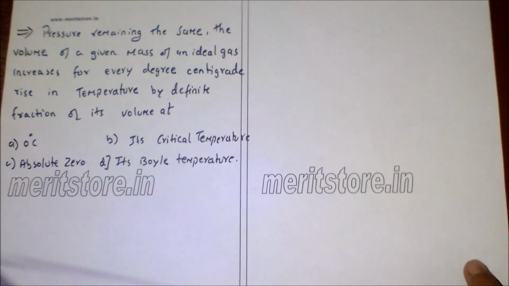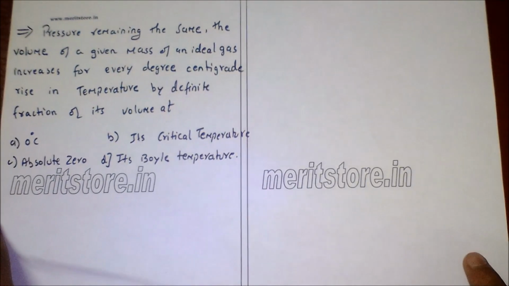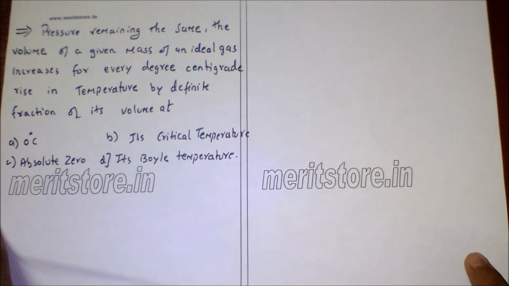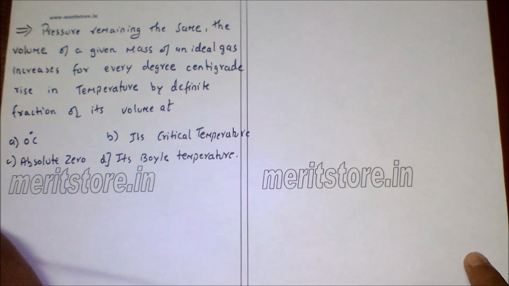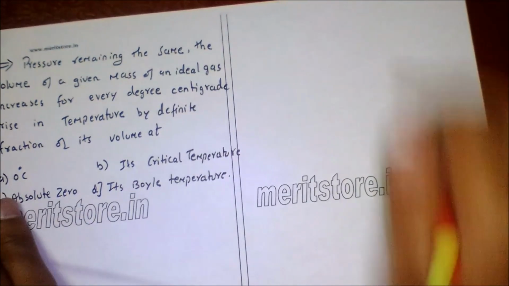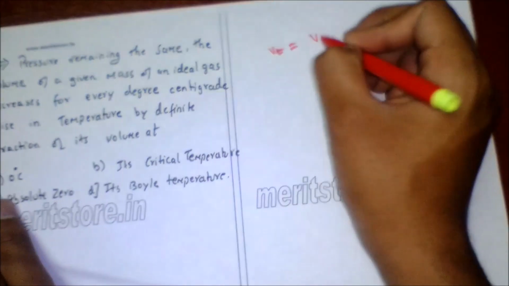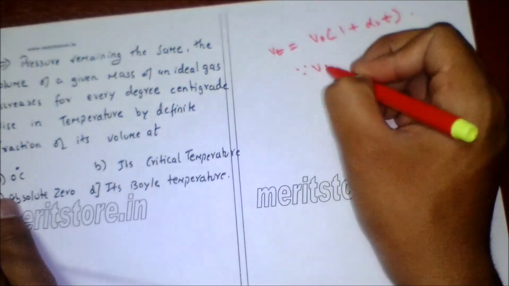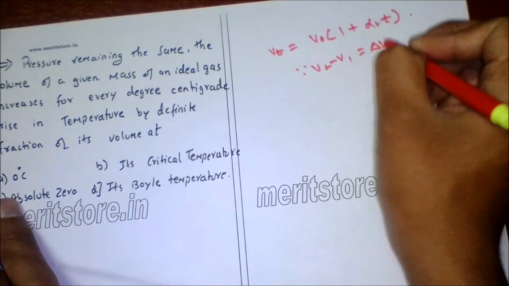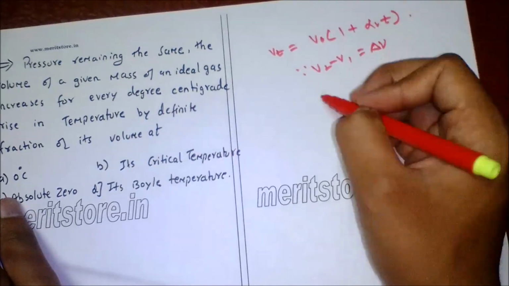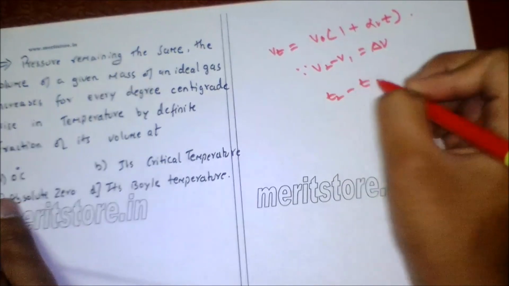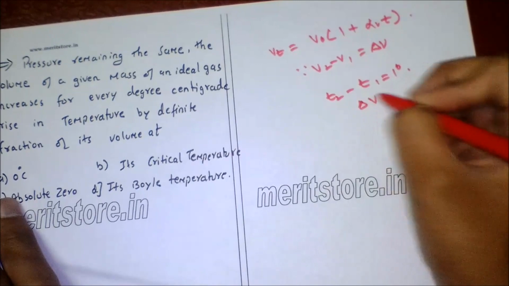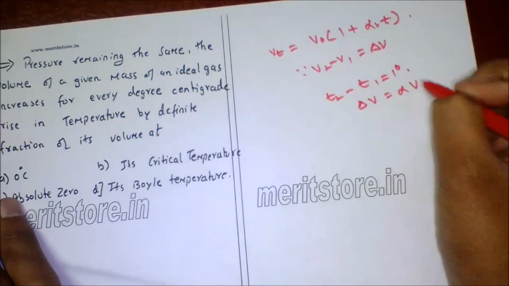Pressure remaining the same, the volume of a given mass of ideal gas increases for every degree centigrade rise in temperature by a definite fraction of volume at. So we know that Vt is equal to V0 into 1 plus alpha T. Since V2 minus V1 is delta V, if T2 minus T1 is equal to 1 degree, then delta V is equal to alpha V0.